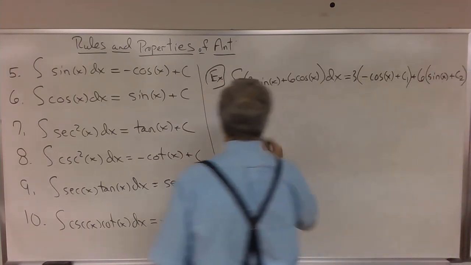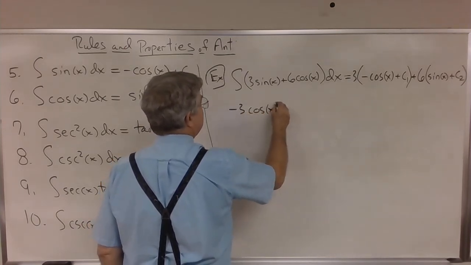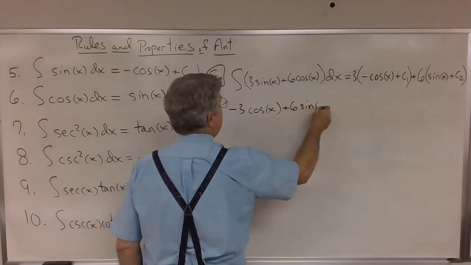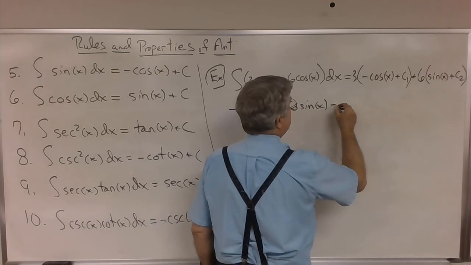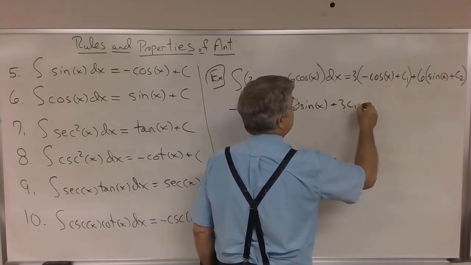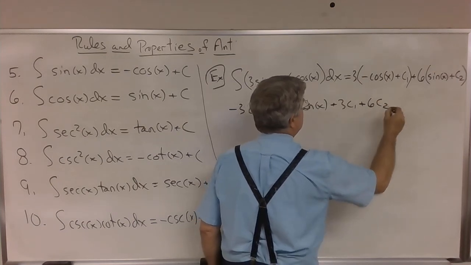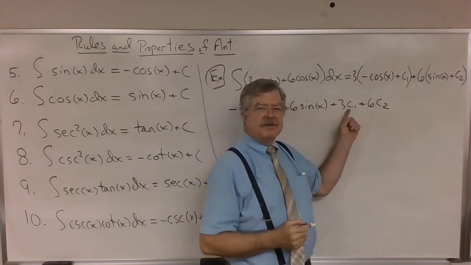And I'll simplify it a little bit. I get negative 3 cosine of x plus 6 sine of x plus 3c1 plus 6c2. So I have a constant times a constant here.